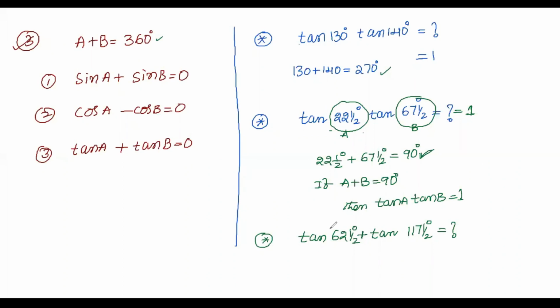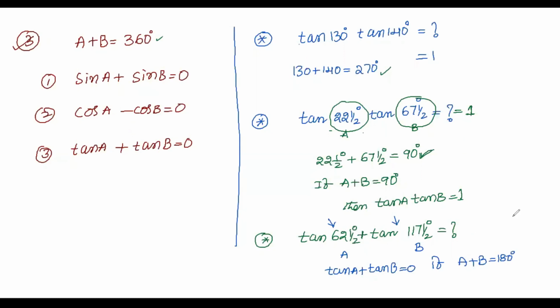We don't know exactly what tan 62.5 degrees is. We don't know the exact value of tan 117.5 degrees. But we know the formula. Yes, very good, guys. If this is A, this is B, then tan A plus tan B becomes 0 if A plus B is equal to 180 degrees.